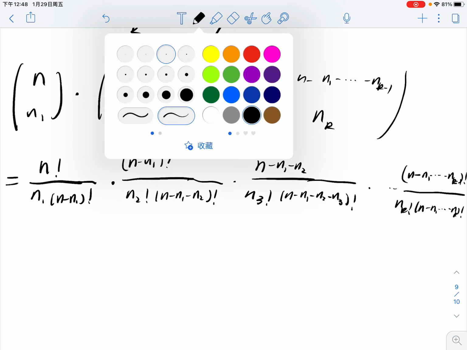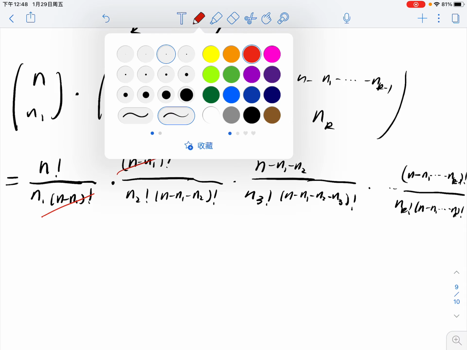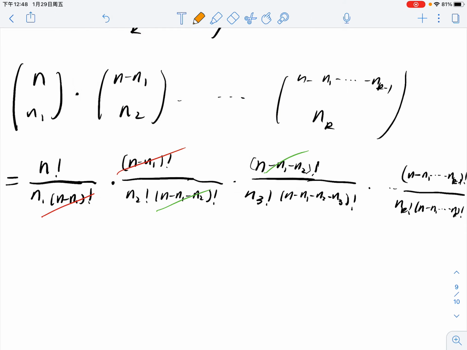The cancellations are between n minus n1 factorial, n minus n1 minus n2 factorial, n minus n1 minus n2 minus n3, and finally n minus n1 minus up to n(k-1).